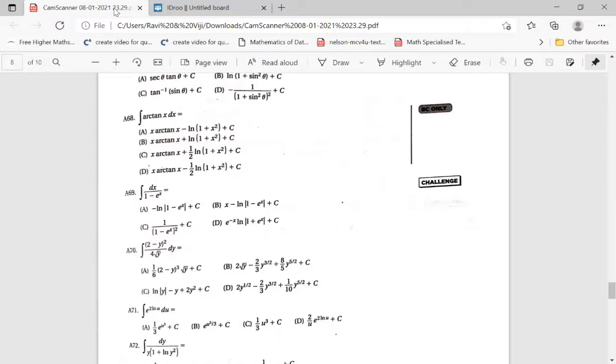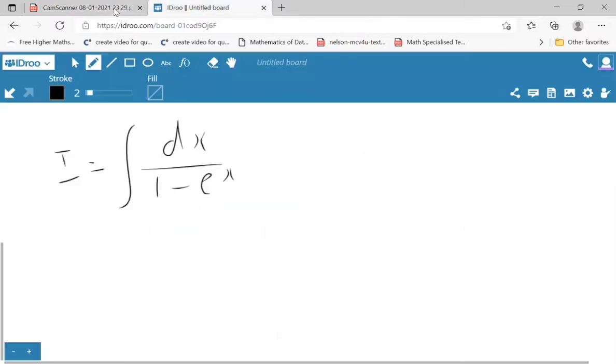I can take 1 minus e to the power of x as t. So that will give me minus e to the power of x dx is equal to dt. But in the numerator, we have only dx.